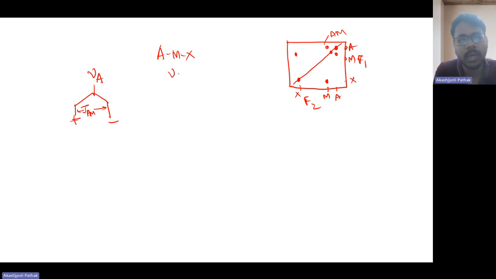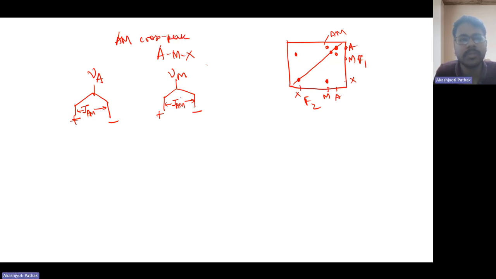Now we will look into the M spin. How will the peak of the M spin split? First, as it is coupled to the A spin, it will split into plus minus. This will be JAM, because we are considering the AM cross peak.